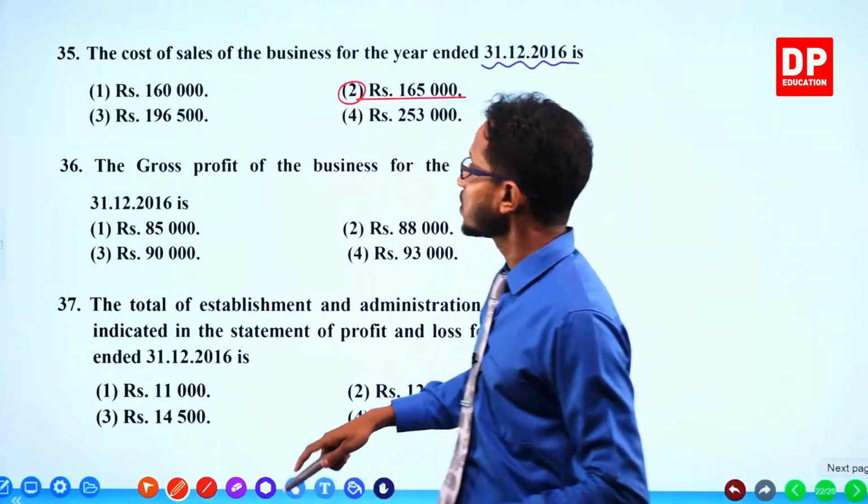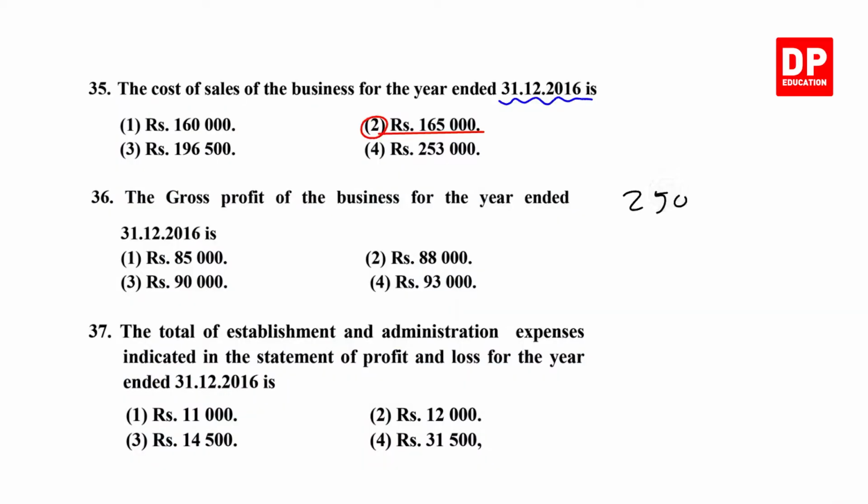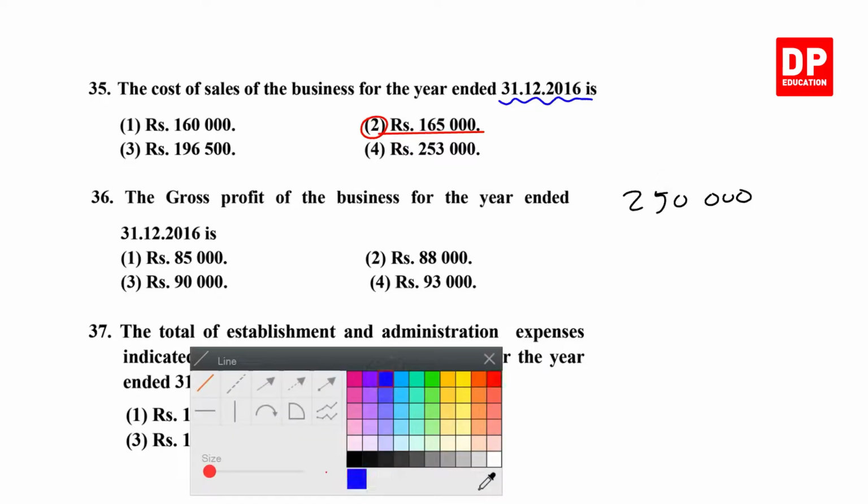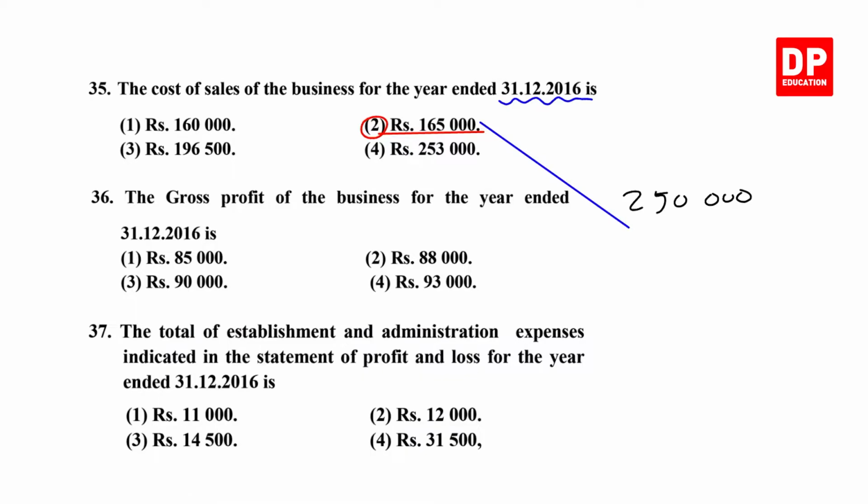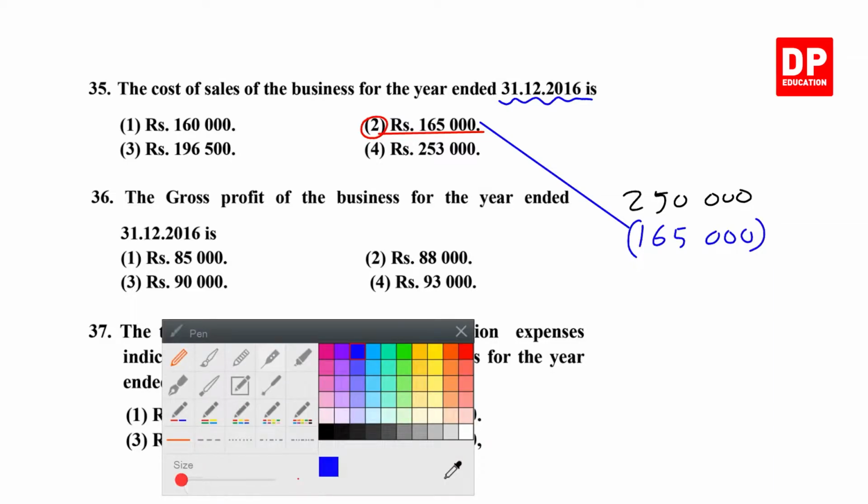250,000 minus 165,000. What is the answer? We can get the answer, right?